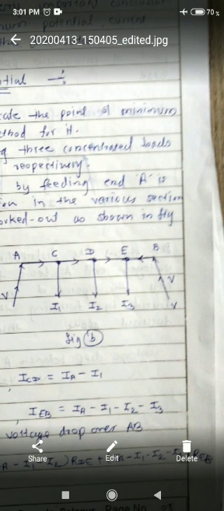We have already found the current in the various sections, so just put in the resistance of each section. For example, in the section AC the current is IA, and the resistance of the section AC is RAC. Similarly for the various sections, you have to calculate the voltage drop.